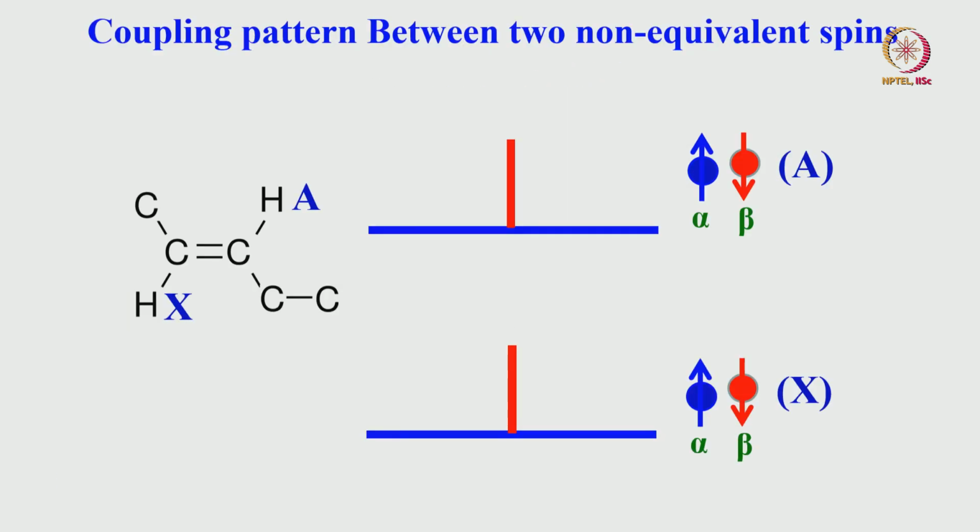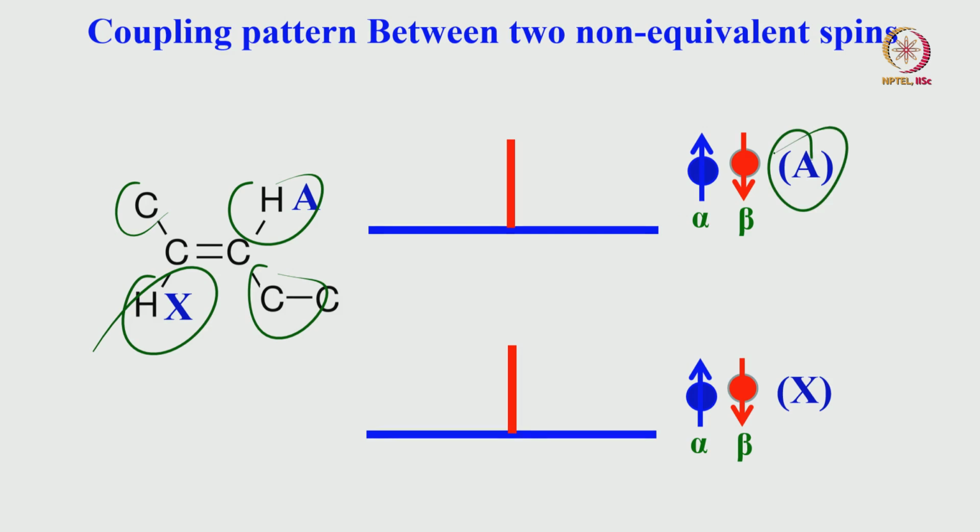Now, what is the type of coupling pattern we are going to see between two non-equivalent spins? They have to be non-equivalent. As I said, if they are equivalent, there won't be any coupling. When the chemical shifts are exactly overlapping, of course, there could be coupling, but we are assuming that they are non-equivalent now. This is a hypothetical molecule again, A and X, assuming there are no other protons, only two protons in this molecule. Consider proton A. It has two spin states, alpha and beta.